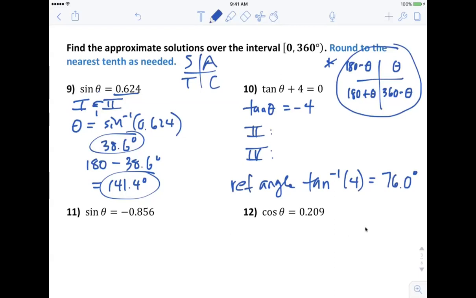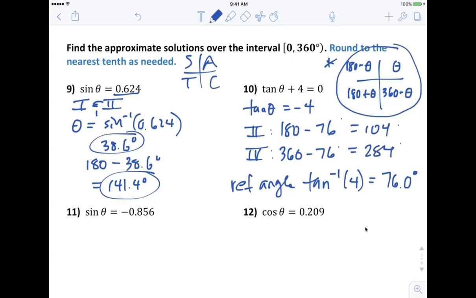So in quadrant 2, I'm going to do 180 minus 76, and in quadrant 4, I'm going to do 360 minus 76. And then those would be my solutions. So that's 104. And then 360 minus 76 is 284.